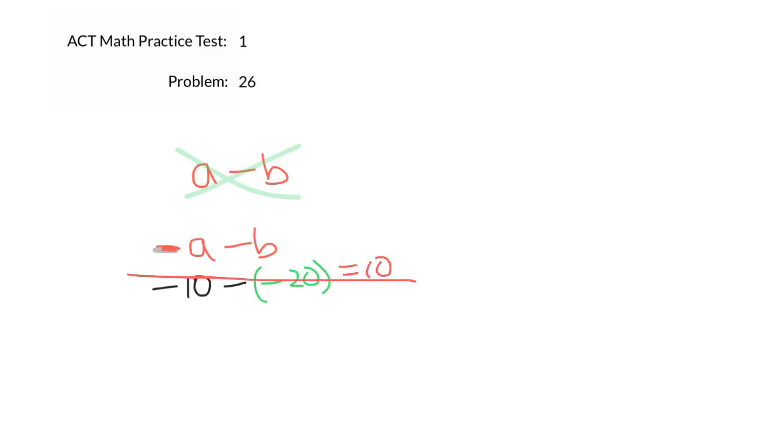So that's gone. We just provided a counterexample where negative A minus B could end up being positive, despite the appearance of it, assuming that A and B could be any non-zero value, which according to problem number 26, that's true. It says for all non-zero values of A and B.